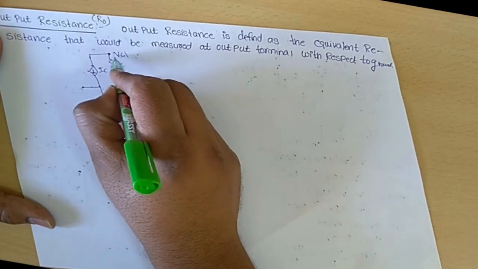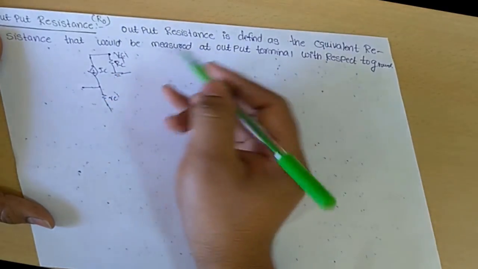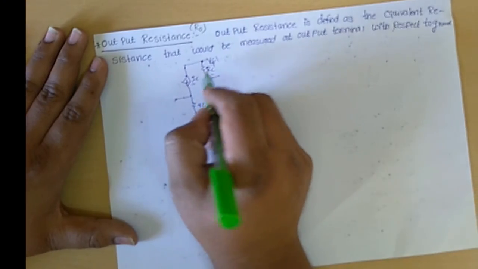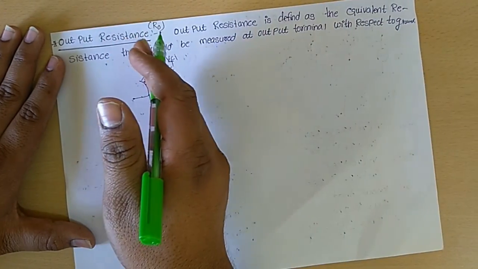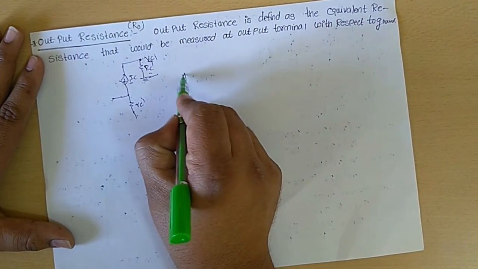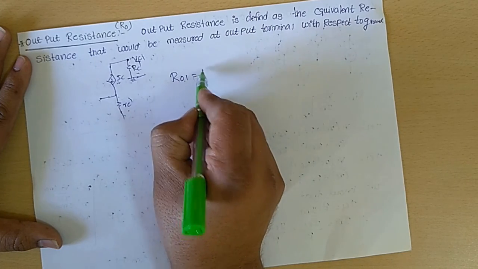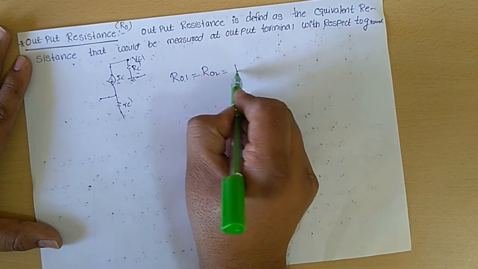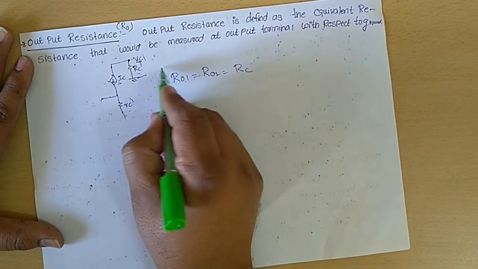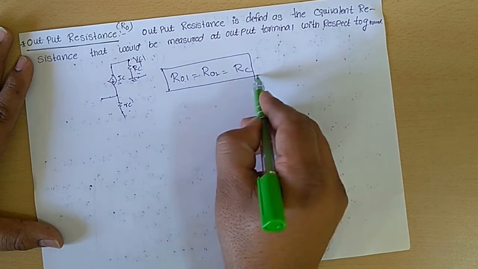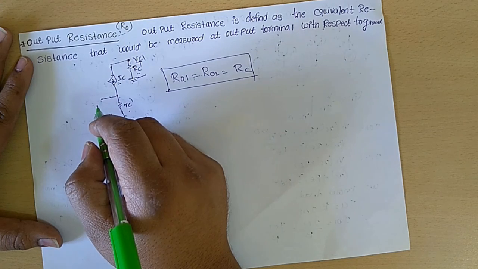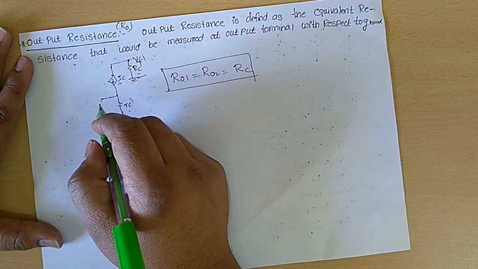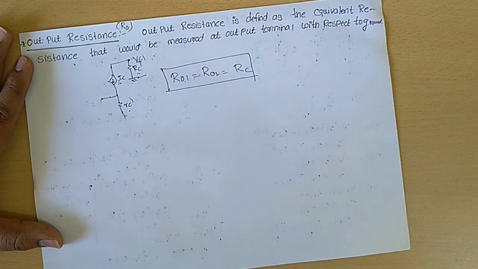Okay, so this is what we consider the output resistance. Therefore the differential amplifier output resistance for the Q1 transistor and the Q2 transistor equal to RC. So in this way we are estimating the input resistance, output resistance and gain of the differential amplifier. Okay, thank you.